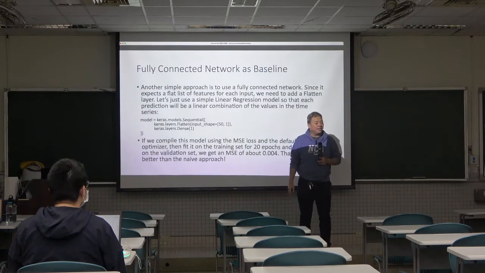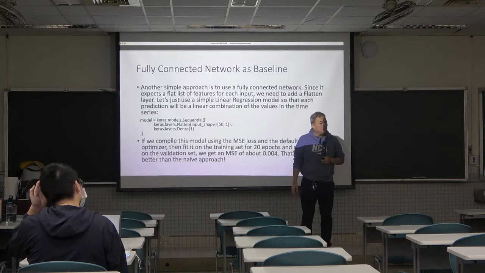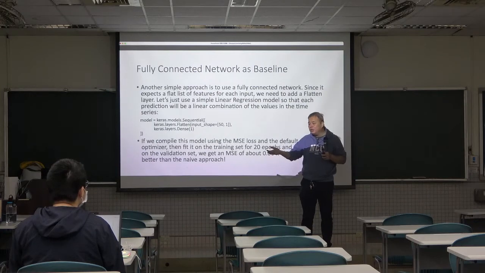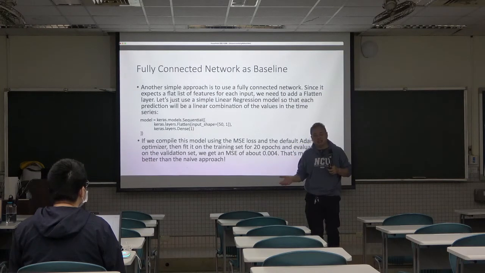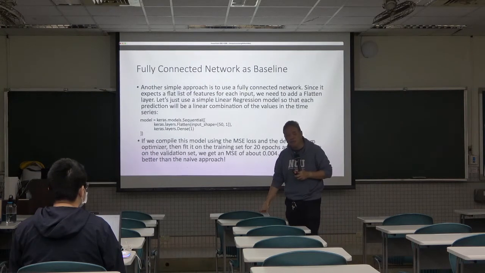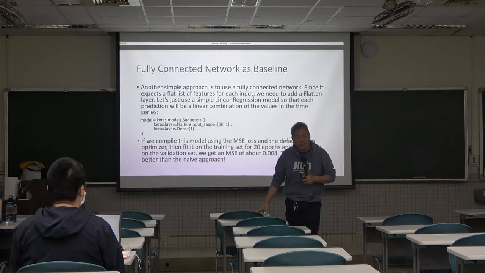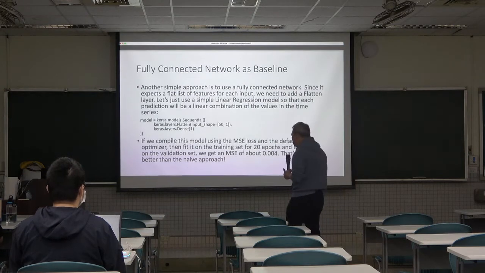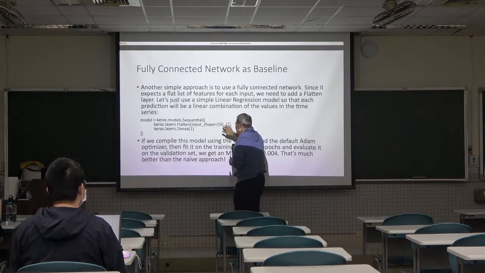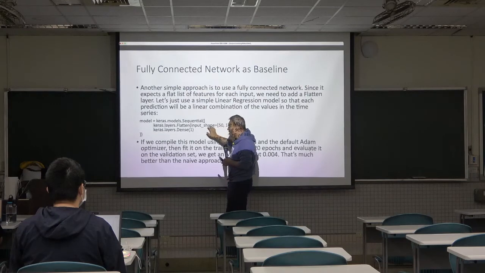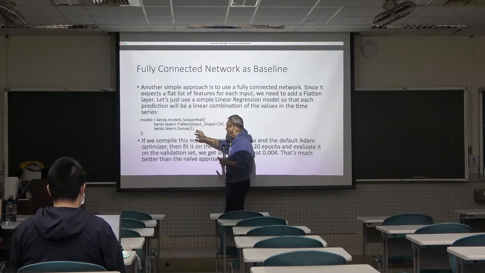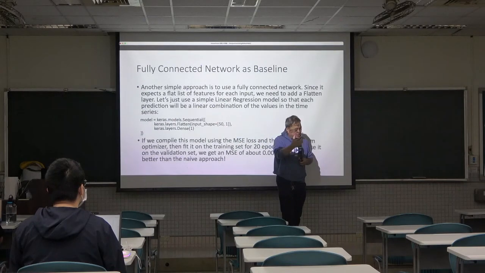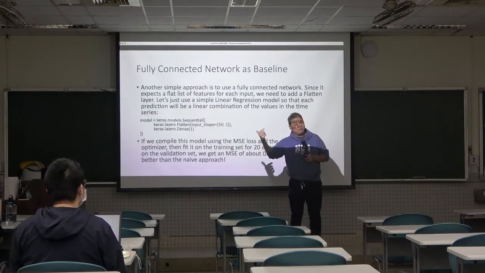We talked about perceptron at the beginning of this semester, and I told you perceptron is a linear model. We have 50 neurons, and these 50 neurons connect to this dense layer with 50 connections. Each connection has a weight, and we also have a bias.